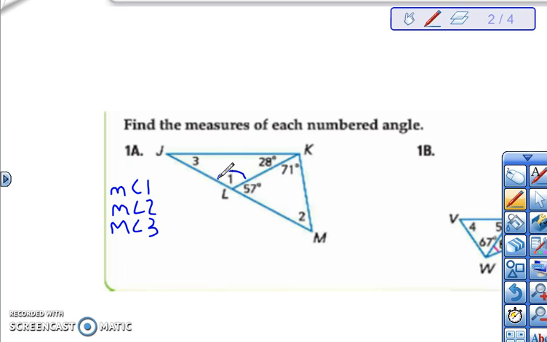So I can't just add up the angles I have and subtract from 180, but what I can do is realize that we've got a linear pair. So that means that angle 1 has to combine with the angle that's 57 degrees to make 180, because straight lines, just like triangles, are also 180 degrees. So I'm just going to take 180, subtract out 57, and that's going to give me 123 degrees.